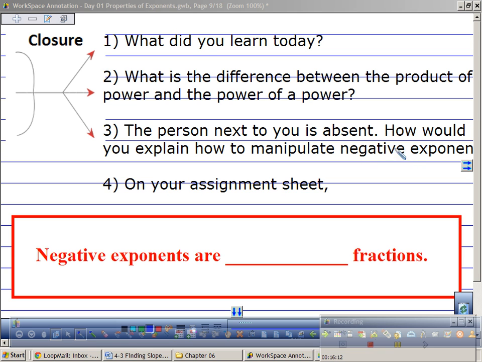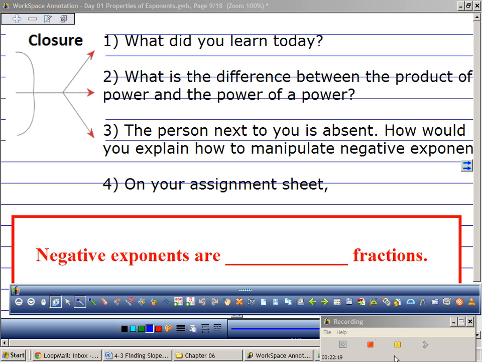Good, but specifically negative exponents are positive fractions, right? Which brings us to our final thought. Negative exponents are what? Positive fractions. Good job, guys.